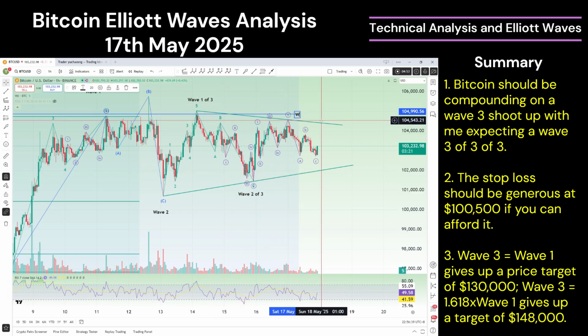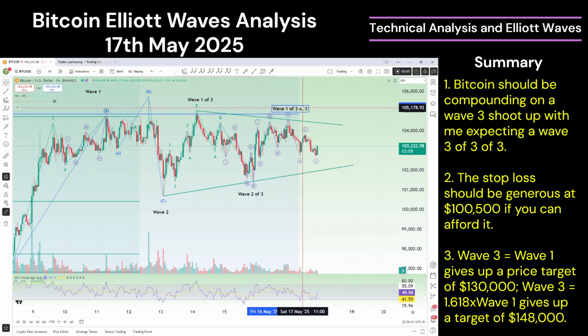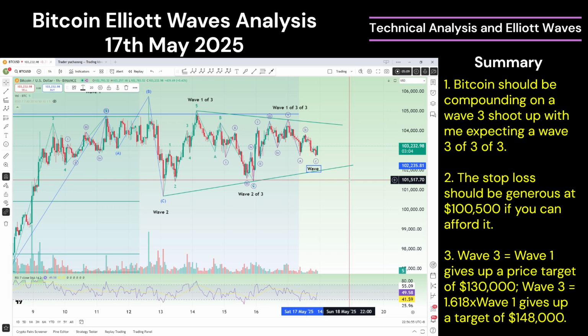will be a wave one of 3 of 3, and over here will be a wave 2 of 3 of 3.